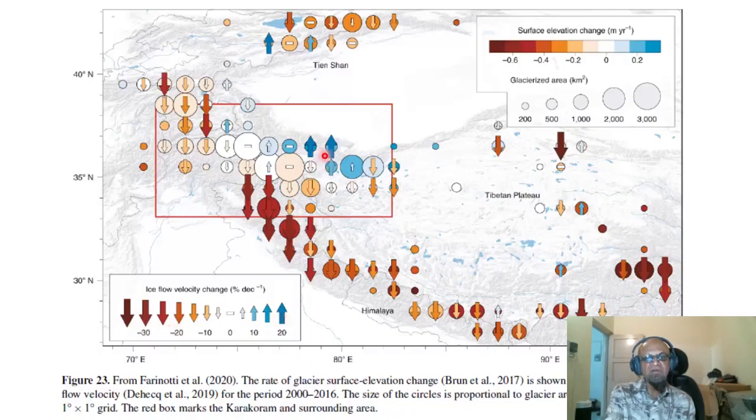So you can see those are also positive in some areas. So very complicated figure, but here you can see how signs are all mixed up. There are some negative decreasing ice flow velocities and some surface elevation change being positive and increasing ice flow velocities as well.